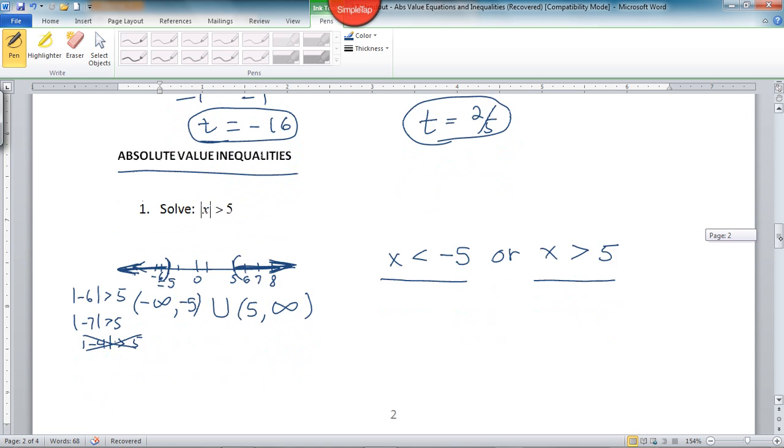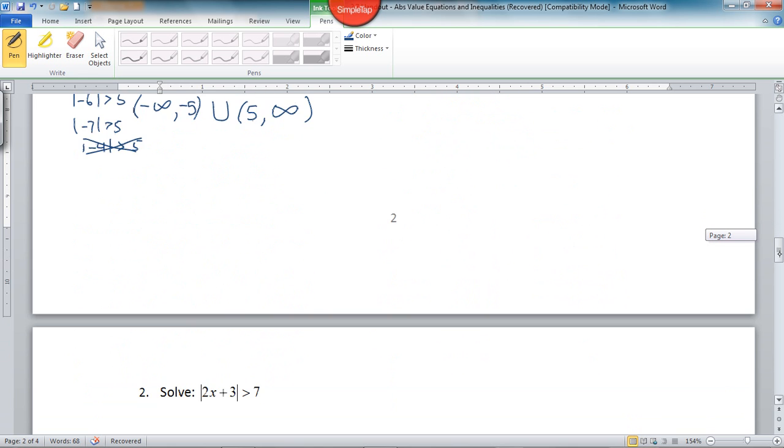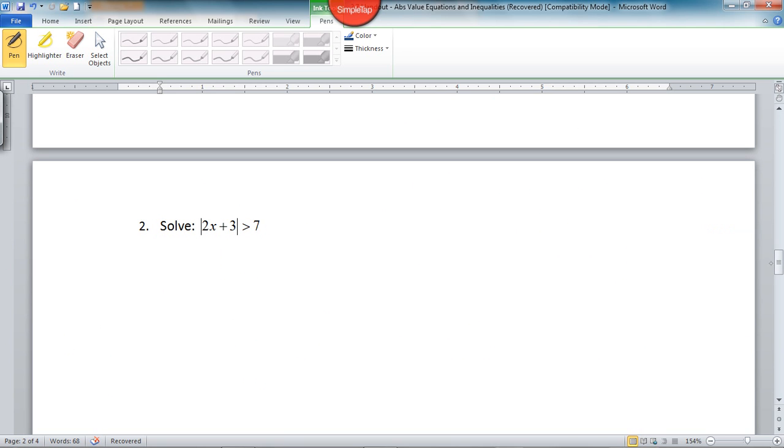Let's take that and look at a second example here. Let's say we've got the absolute value of 2x plus 3 greater than 7. Well, if we follow the pattern that we learned earlier there, I'm going to do two inequalities.